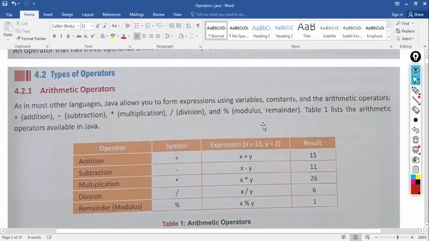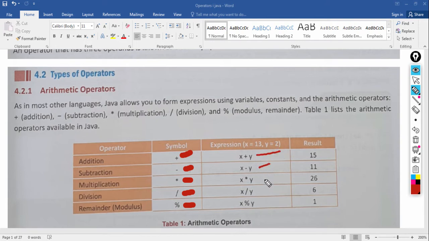So arithmetic operators are these: plus, minus, multiplication, divide and modulus. I don't think I need to explain much here.